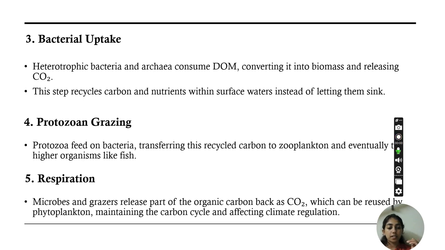The organic matter is taken up by higher organisms like fish. Respiration. Microbes and grazers release part of the organic carbon back as carbon dioxide, which can be reused by phytoplankton, maintaining the carbon cycle and affecting climate regulation.